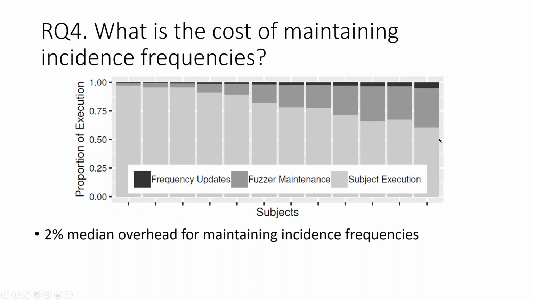I mean, in this diagram, you're talking about the proportion of execution, and is this execution just an overhead or the overall fuzzing execution? Yeah, it's the overall fuzzing execution. So for some subjects it's okay. The cost actually varies in different subjects, right?